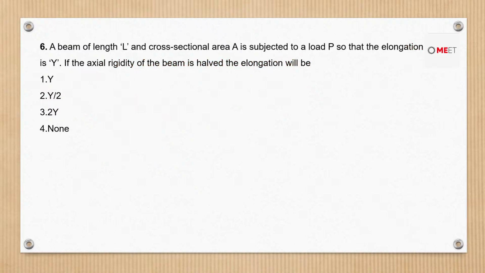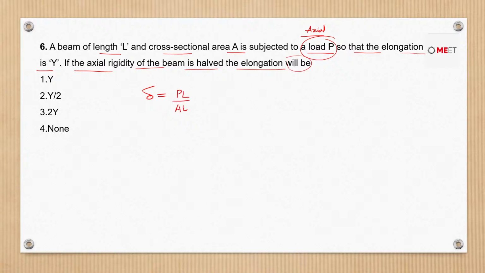Moving to the next question. A beam of length L and cross-section area A is subjected to load P, so the elongation is Y. If the axial rigidity of the beam is halved, then the elongation will be dash. It is subjected to axial loading only, although we have named it here as a beam. So delta will be equal to PL by AE.